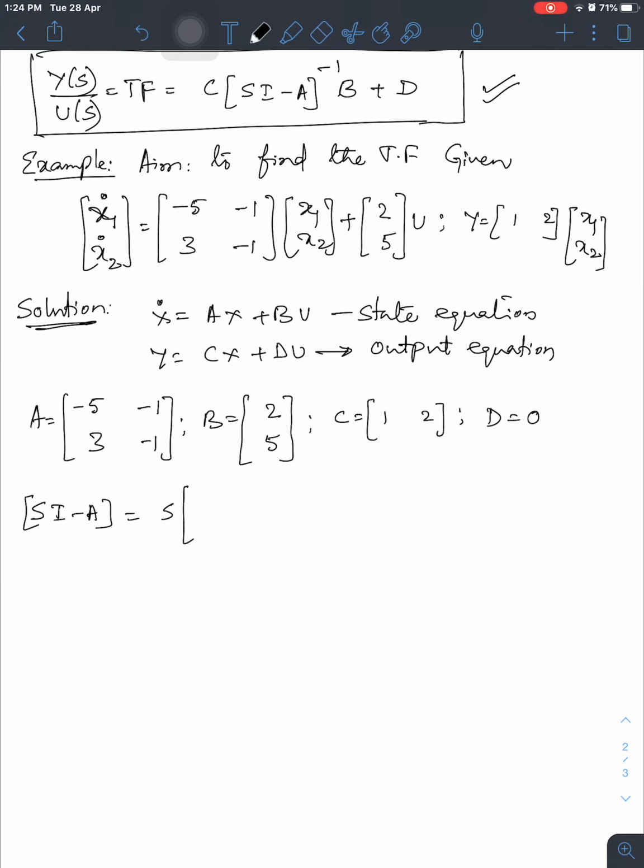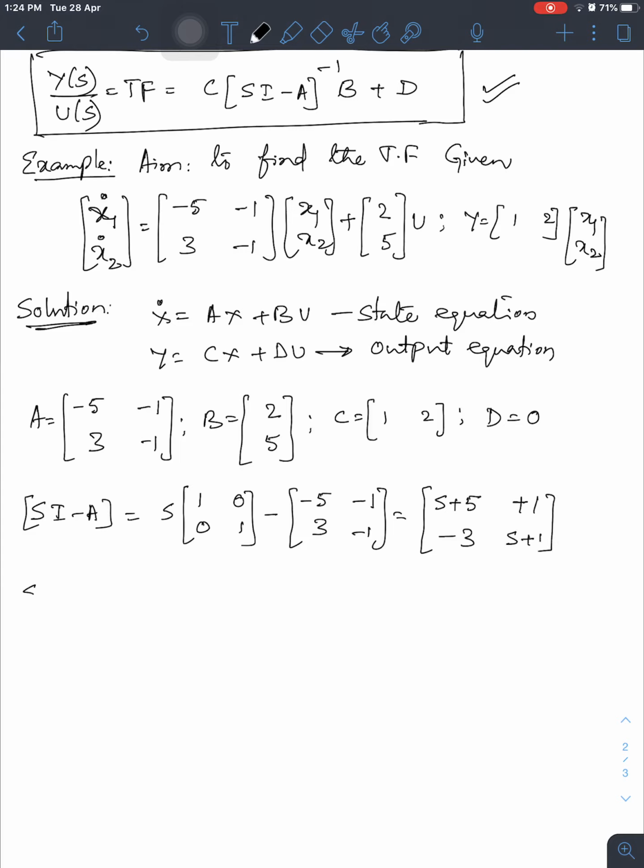So we multiply s with an identity matrix of 2 by 2, 1 0 0 1, minus the A matrix. We will write minus 5, minus 1, 3 and minus 1. What is the computation of this resulting into? This is s plus 5, this is plus 1, this is minus 3, this is s plus 1.